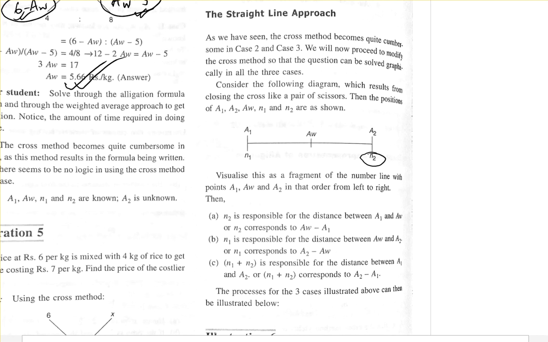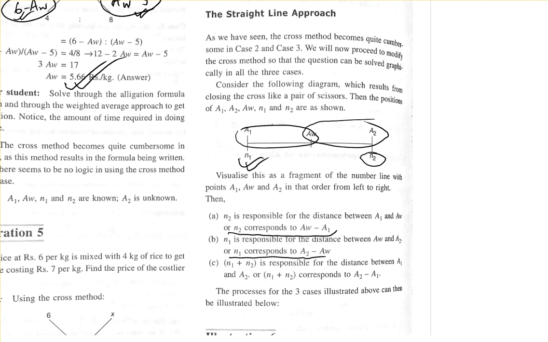That means N2 corresponds to AW minus A1. Similarly, N1 corresponds to A2 minus AW. If you do N1 plus N2, you will get A2 minus A1. N1 plus N2 corresponds to A2 minus A1.